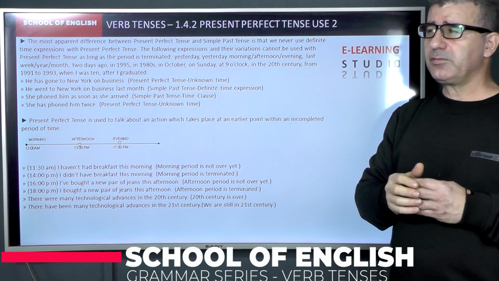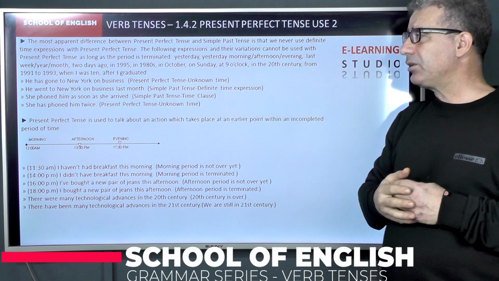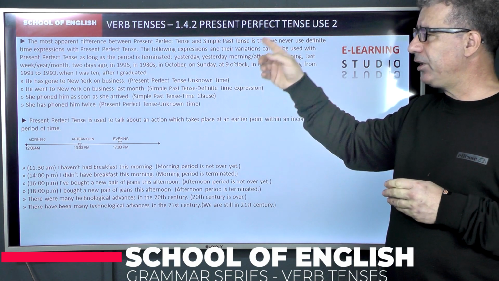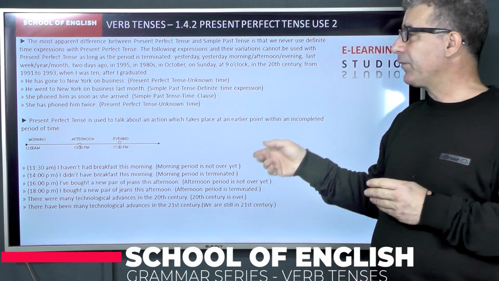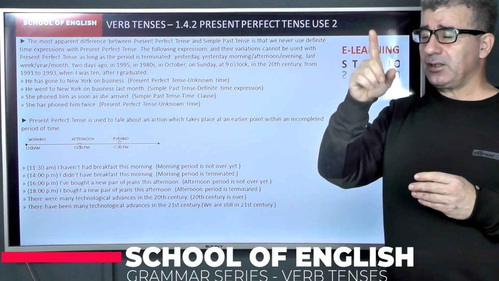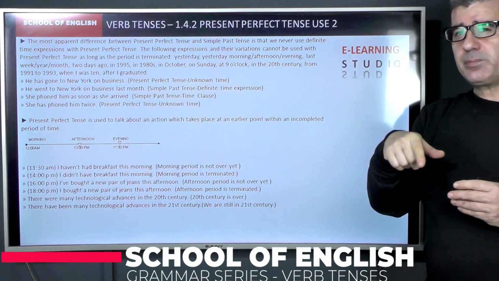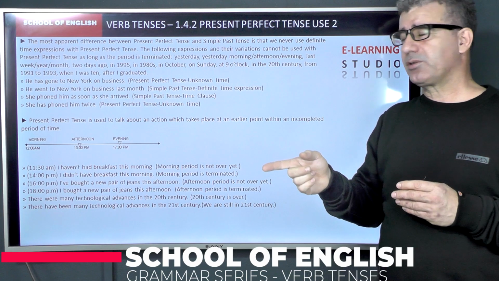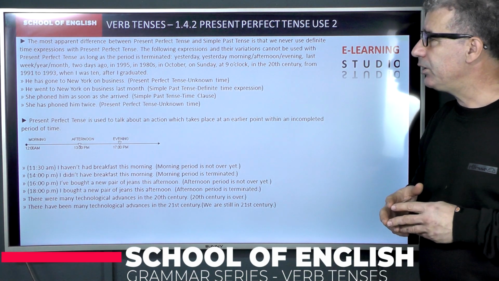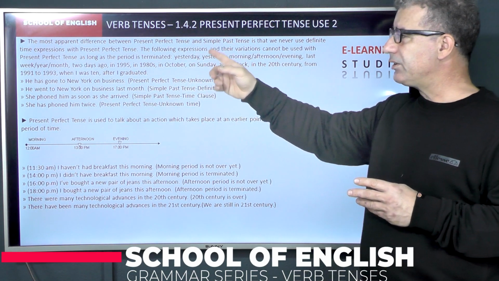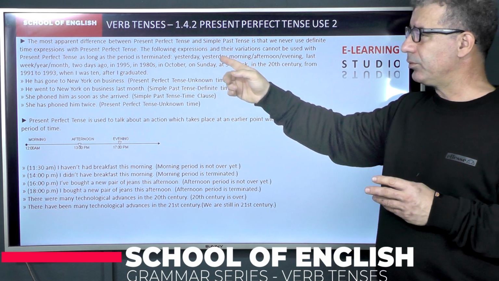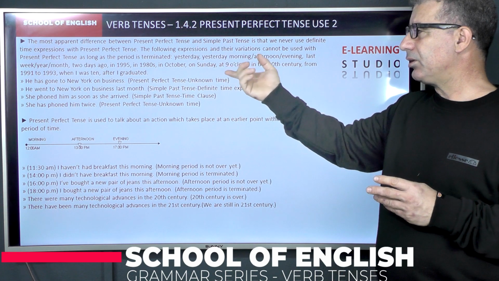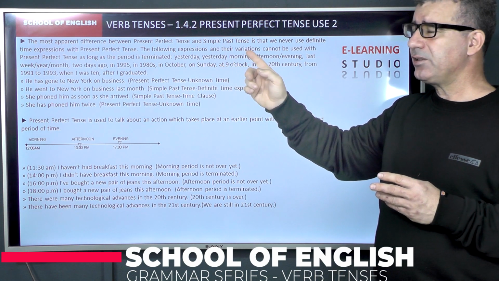That's why when we were studying its form, we said that we had a list there, and we said that these are not time expressions. What were they? They were common expressions of present perfect tense. Now, here we have a list that cannot be used with present perfect tense. And what does it mean in this case?